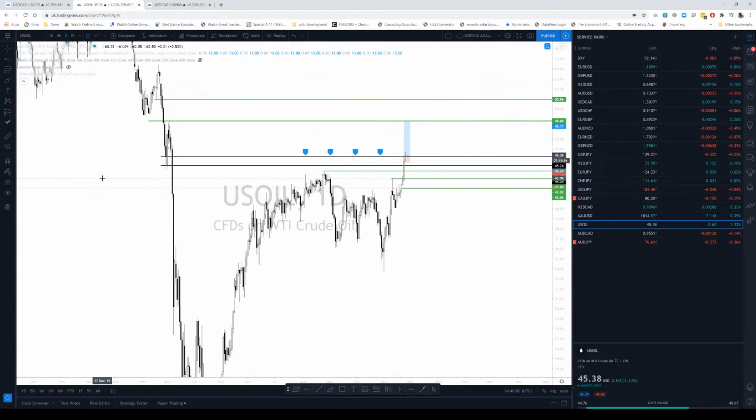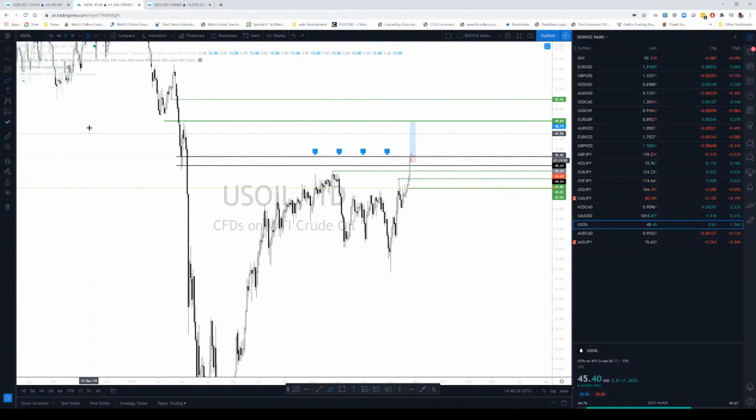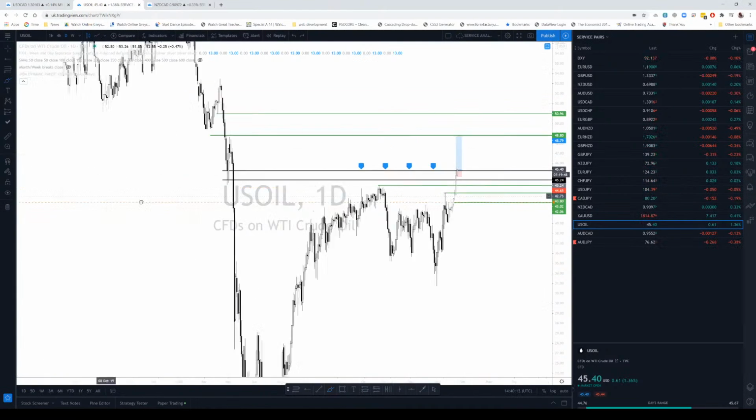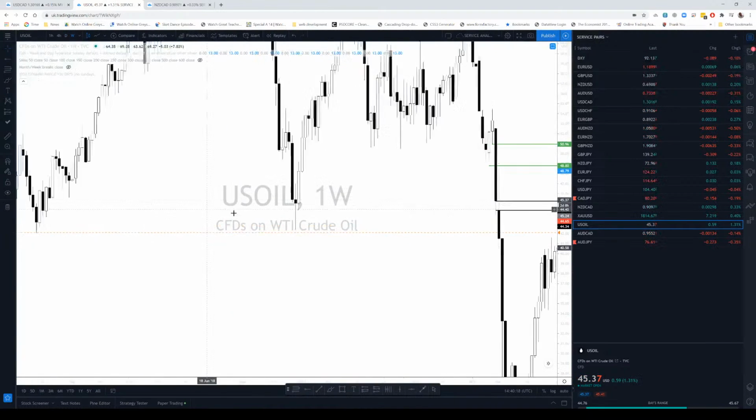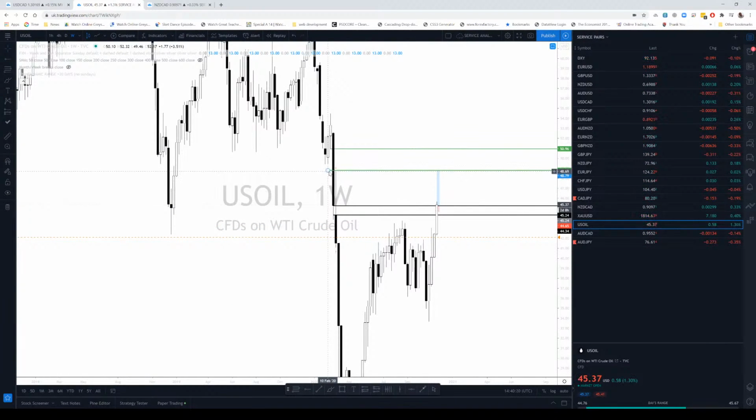So if it's to continue going higher, then let's go into the weekly. I'll be expecting the next upside objective to be this high and that low, or that high and this low. Those will be my upside objectives.